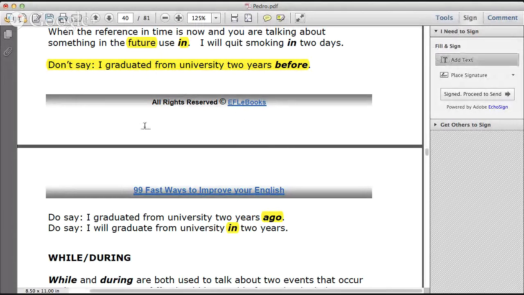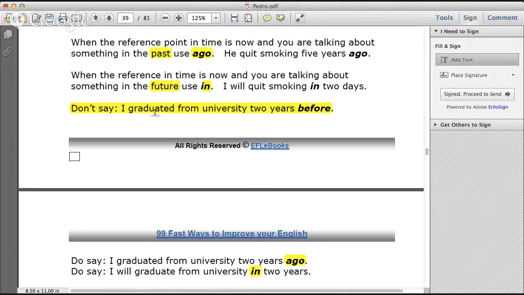I started learning Spanish 6 months ago. Okay, so I started learning Spanish 6 months ago.